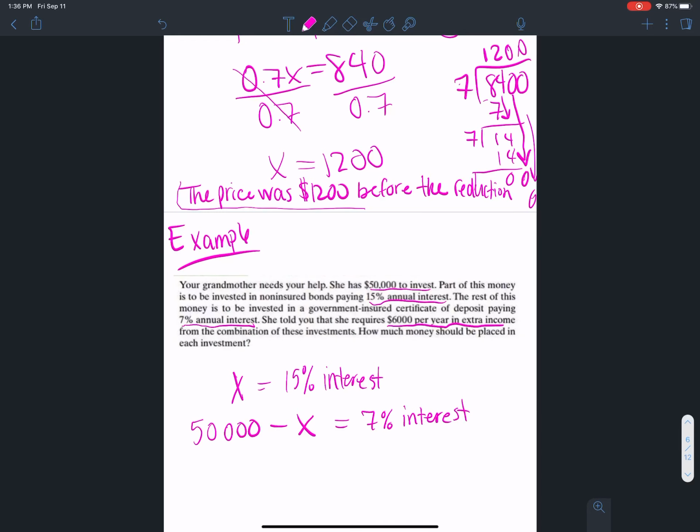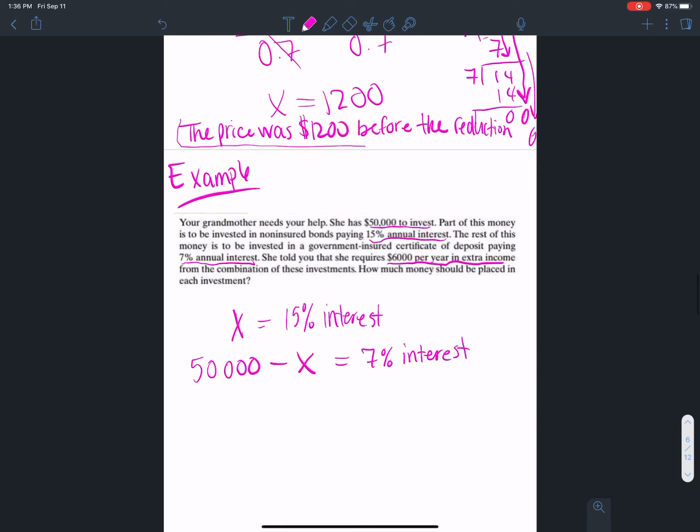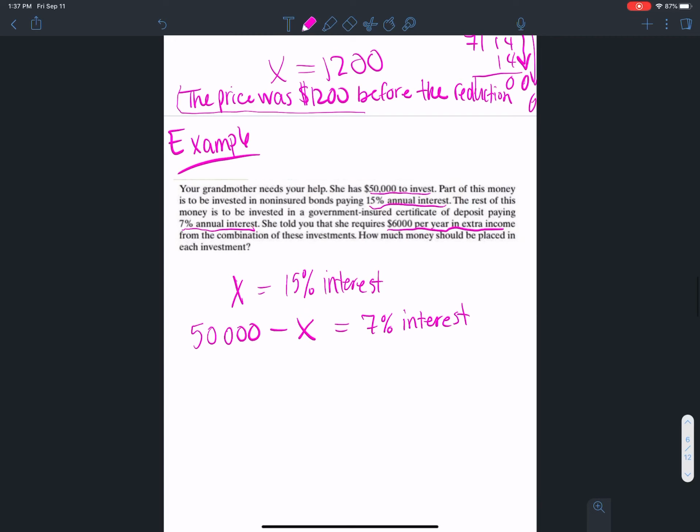So now from there, after her 2 investments, it says she told you that she requires $6,000 per year in extra income from the combination of these investments. So the money that she's going to get from investing, she's going to live off of at least $6,000 worth of it. So that means you're going to take X at 0.15, because remember, when we have a percent, go left 2 times.